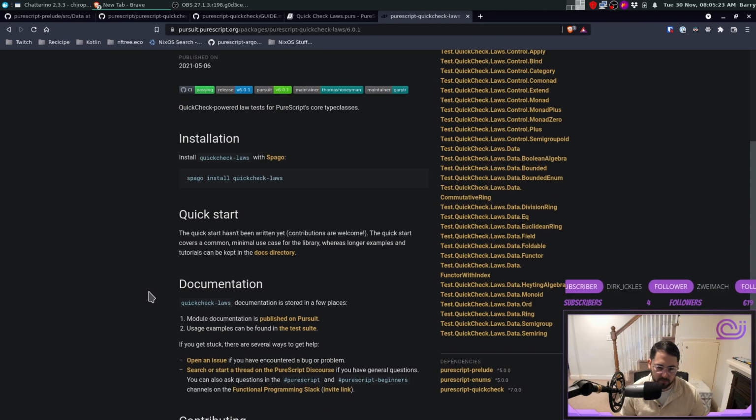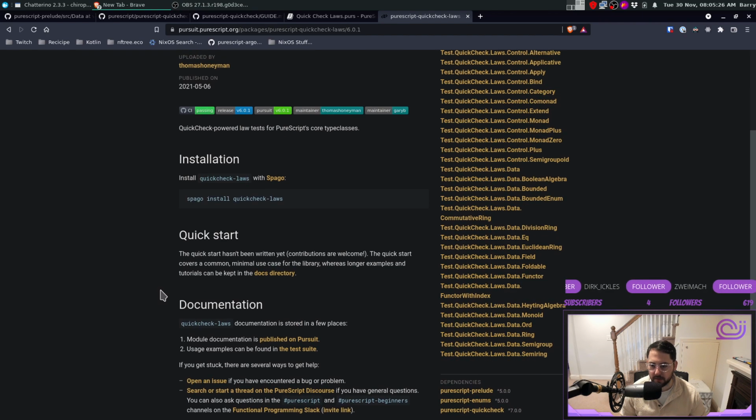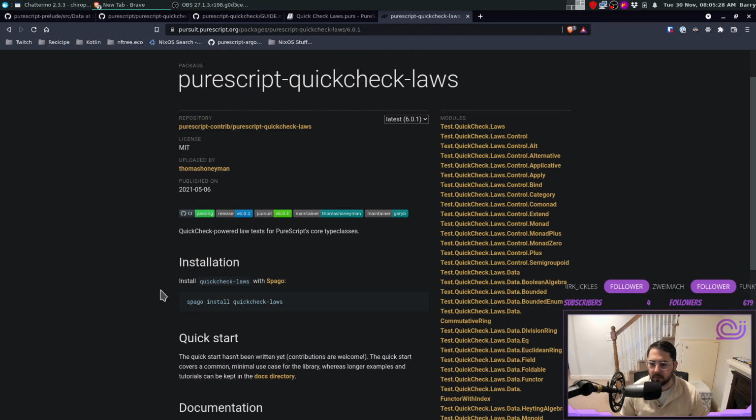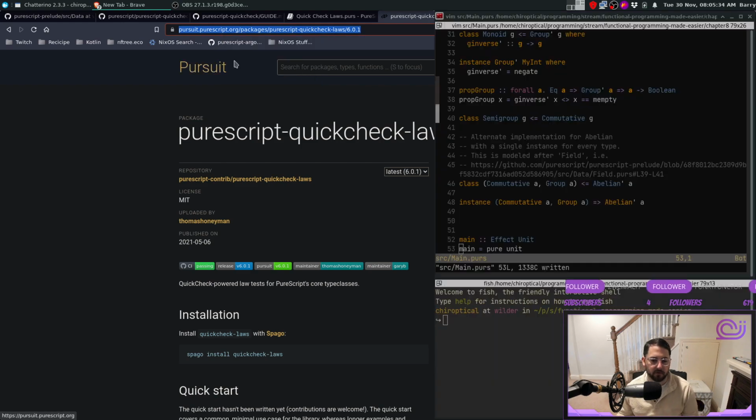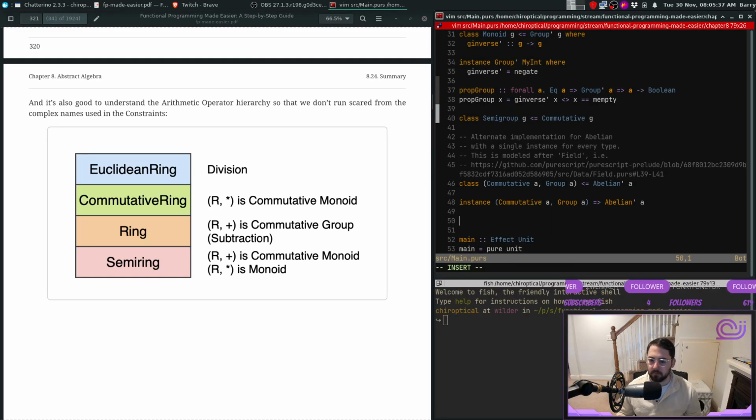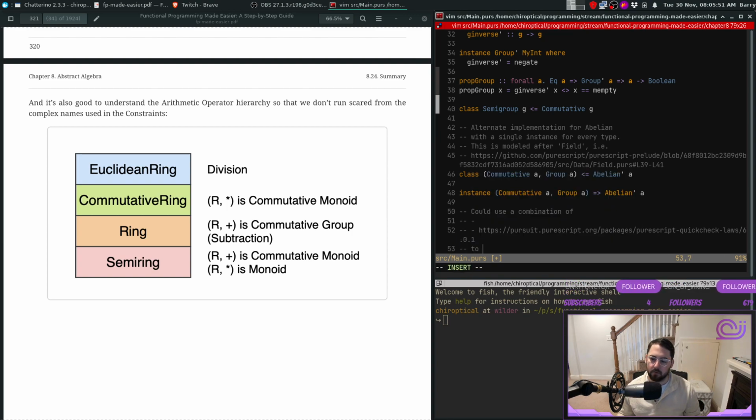I'm not going to test one of these. I guess we could, but anyway, it's good to know that it's here. So I'm going to put this as a reference for myself. We could use a combination of these to test various abstract algebra properties or types.